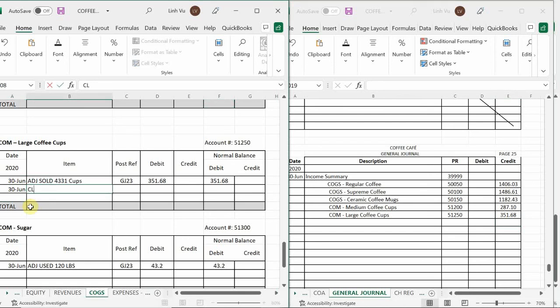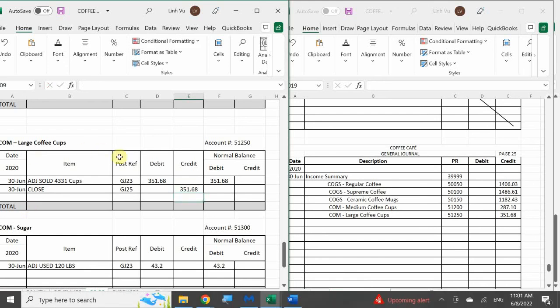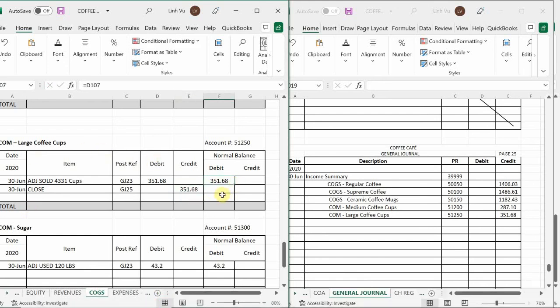We're going to close for the 351.68. And that should give you an account balance of 0.